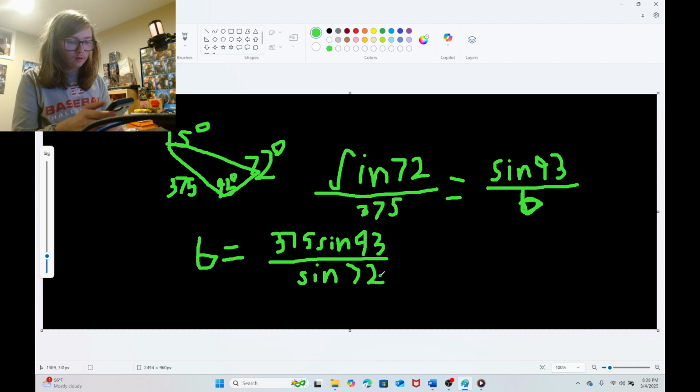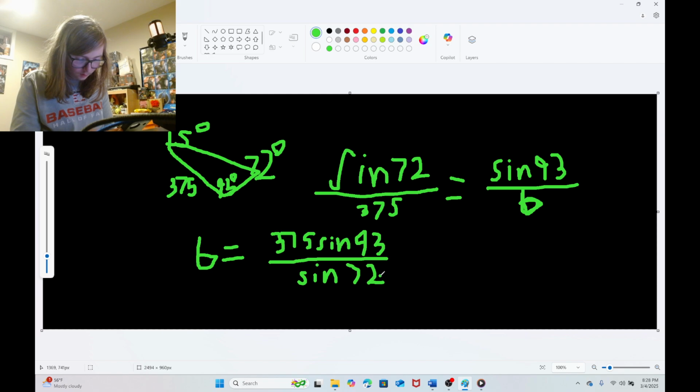Now, I am just going to calculate all of this on my phone. 375 sine 93, making sure we're in degree measures, divided by the sine of 72, which gives us side B equals.